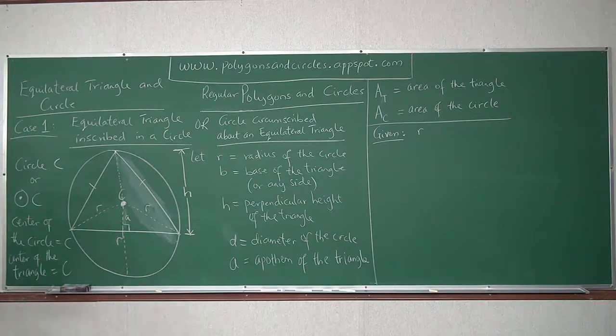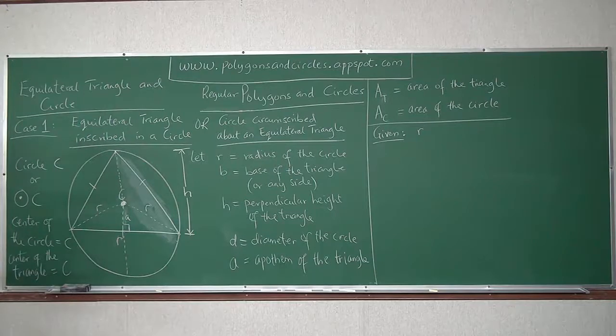So the question you now ask yourself is, what are you now going to do? Because we are only given the radius of the circle, and then we are required to find the rest.